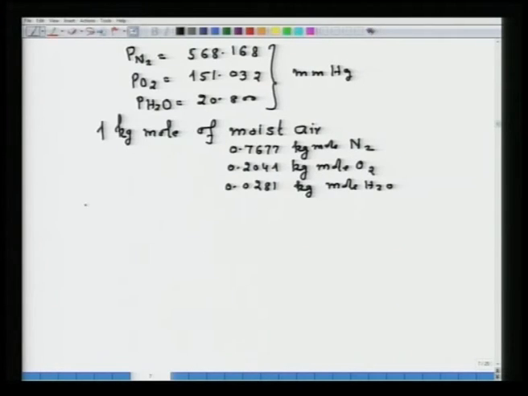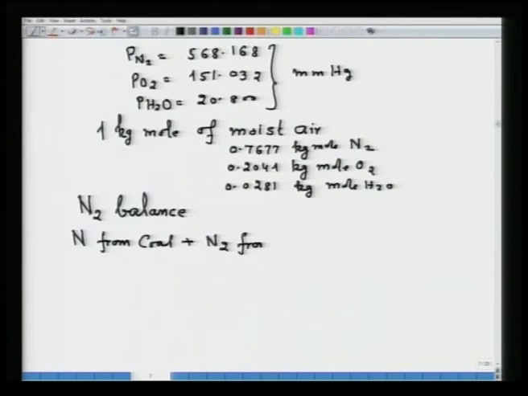So, now we can do the nitrogen balance. Nitrogen balance is simple: N from coal plus N2 from air equals nitrogen in producer gas.